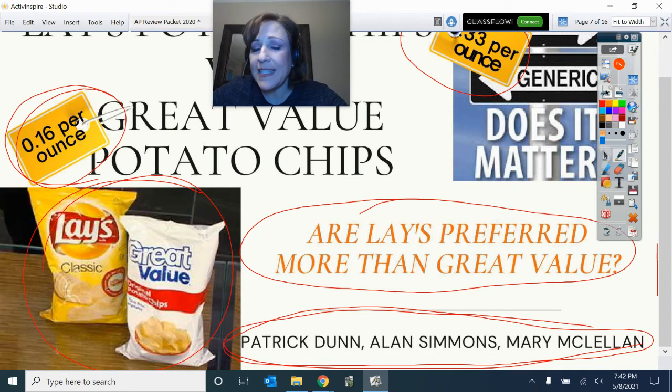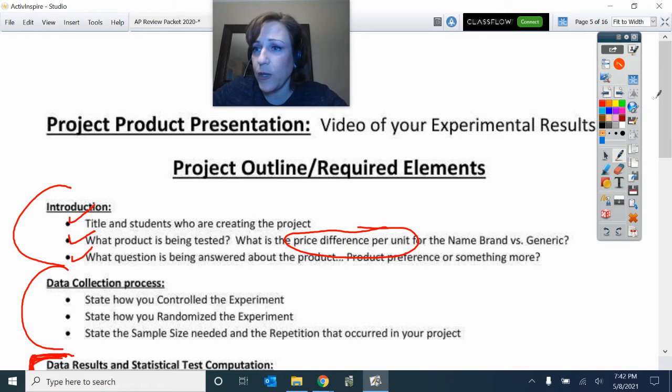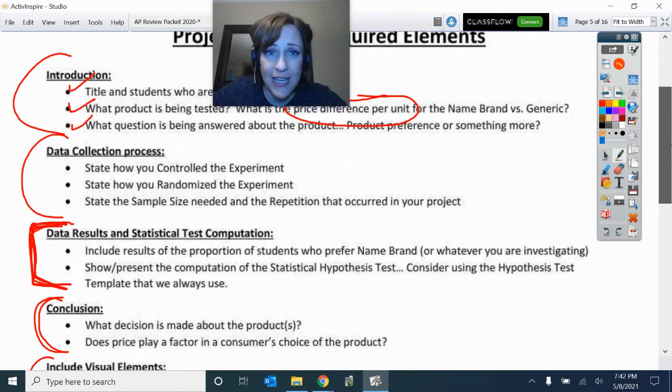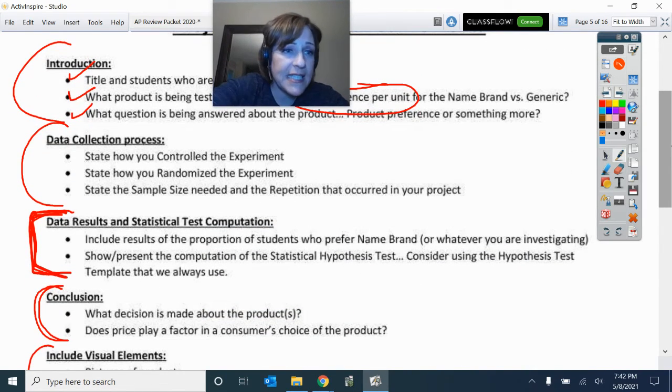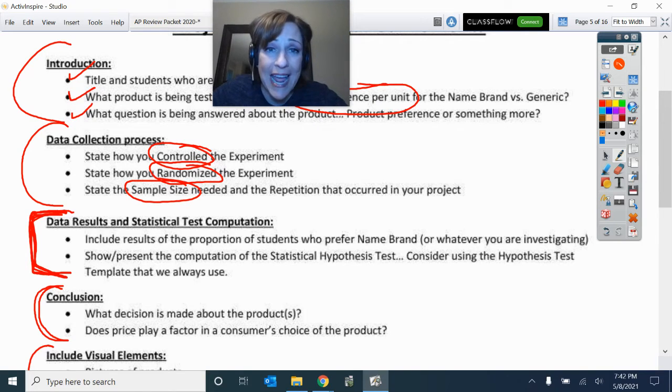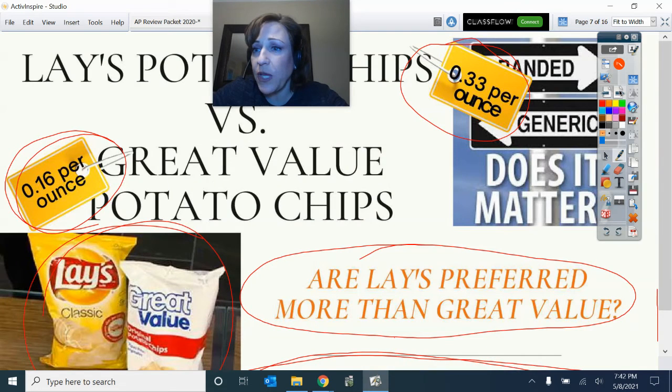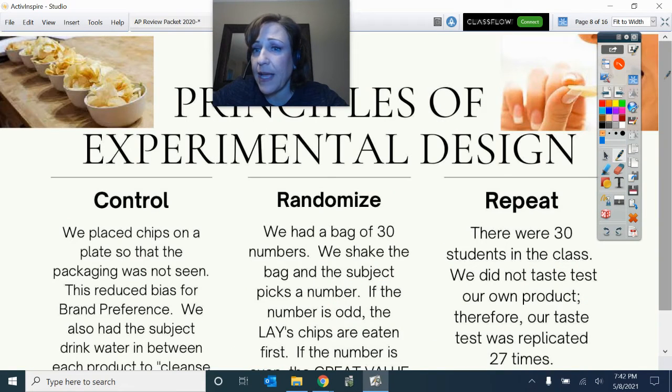The second slide will be about your data collection process. State how you controlled the experiment, how you randomized it, the sample size you used, and how you did repetition in your class. Here is an example of how that might look. These are the principles of experimental design.